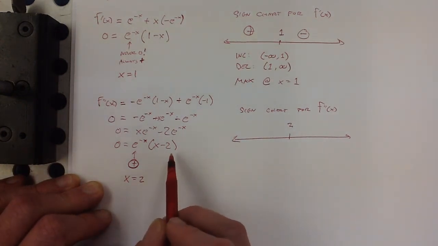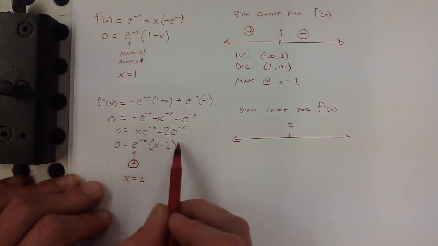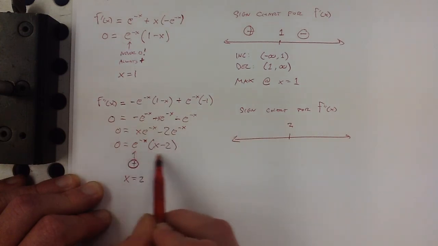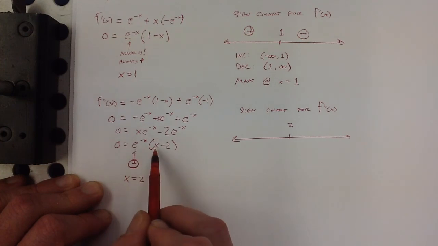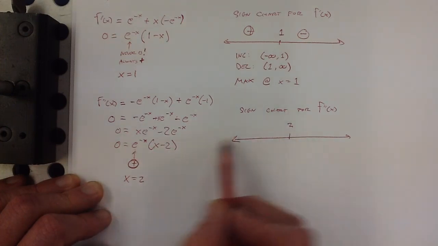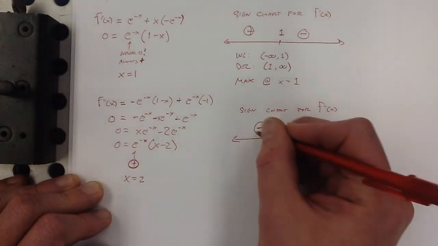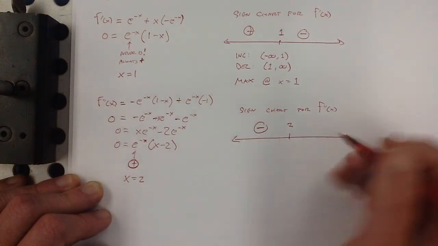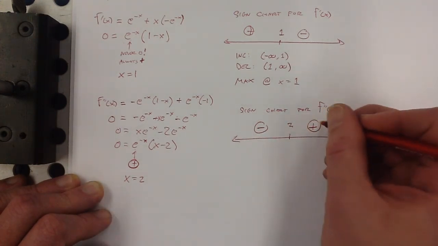It looks like if I plug into this version of the derivative here, that's my easiest version, I think, to work with. That's always positive. If I plug in a number that's less than 2, like 1, that's going to give me a negative. And if I plug in a number that's bigger than 2, that's going to give me positive.